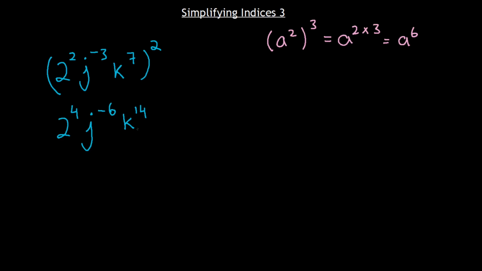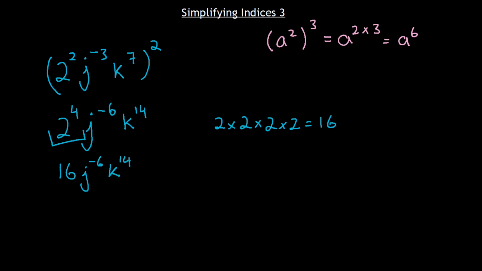Now remember, whenever we have a number in front of the term, then we should really work out what the answer to that is. I'm going to tell you why in just a minute. So this would be 2 times 2 times 2 times 2, which is 16. So this would be 16 j to the power of -6, k to the power of 14. And what this means is we have 16 lots of these j's and k's.